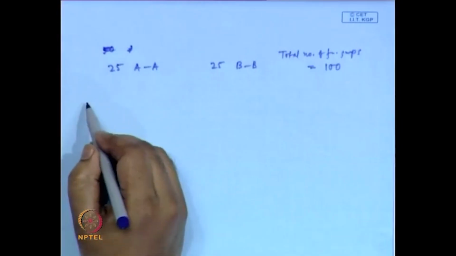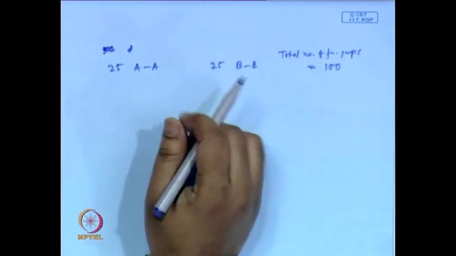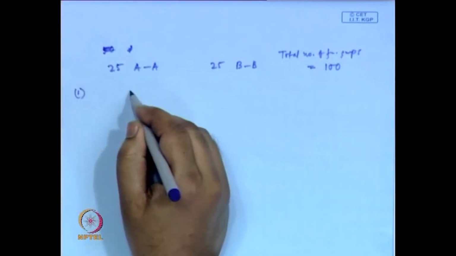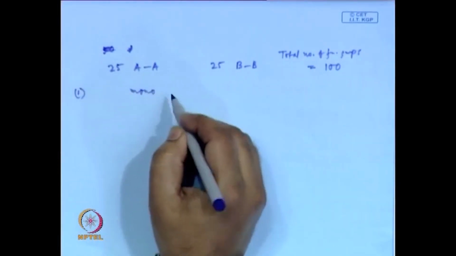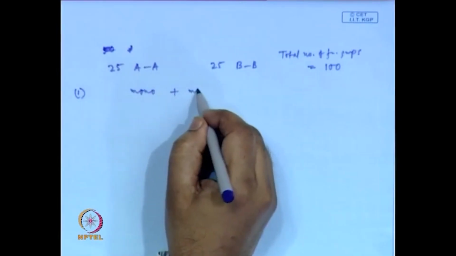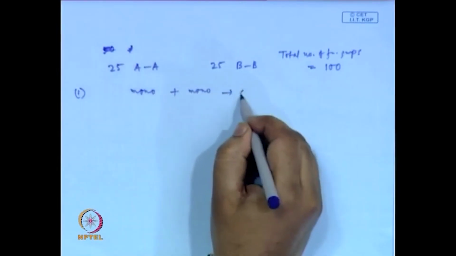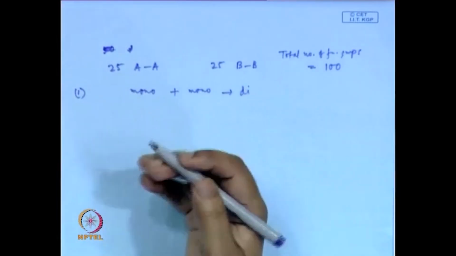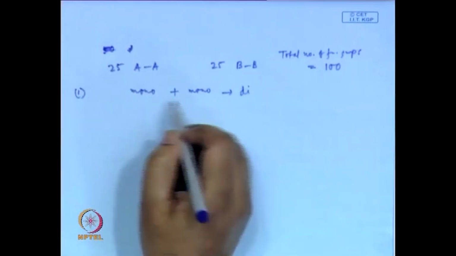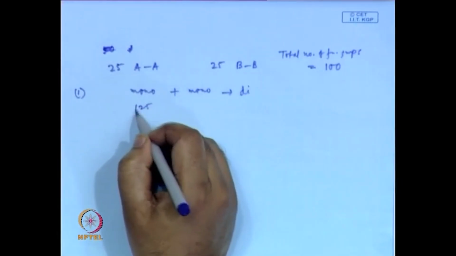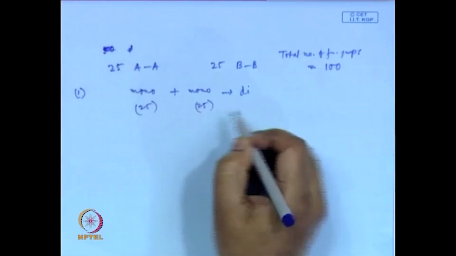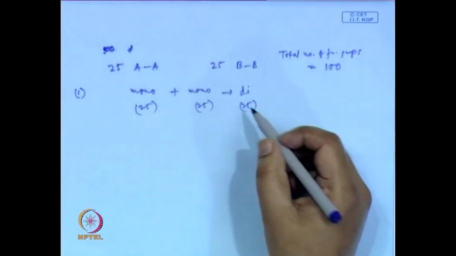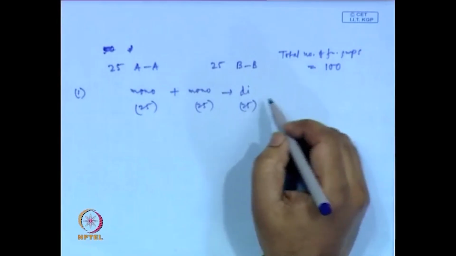Now, let these monomers all react with each other, and in the first step monomer plus monomer gives you a dimer. For simplicity, we imagine that all the monomers react, with 25 of one monomer reacting with 25 of the other and giving 25 dimers. For our simplistic understanding we are following this process.